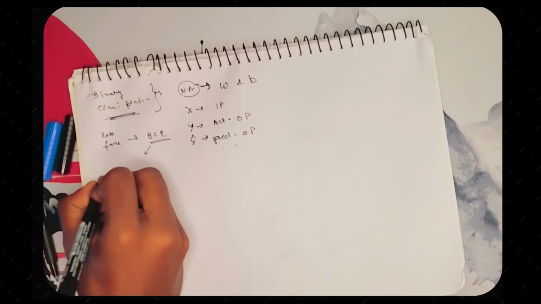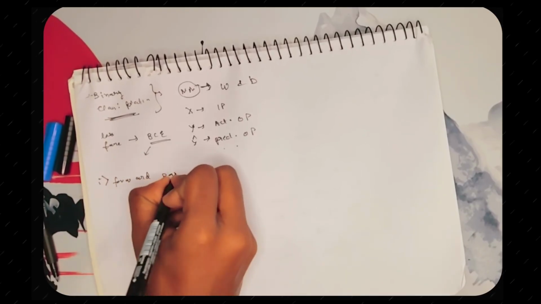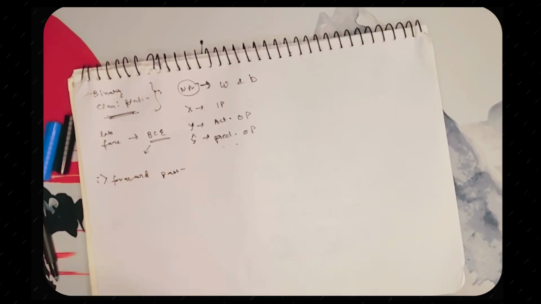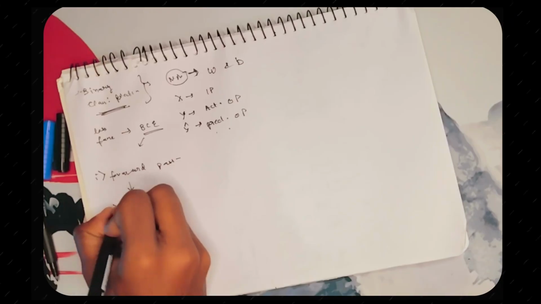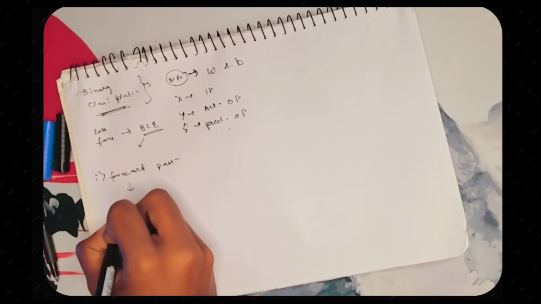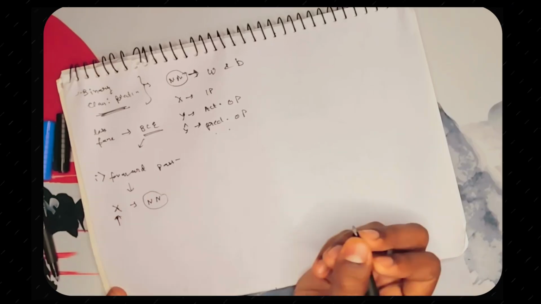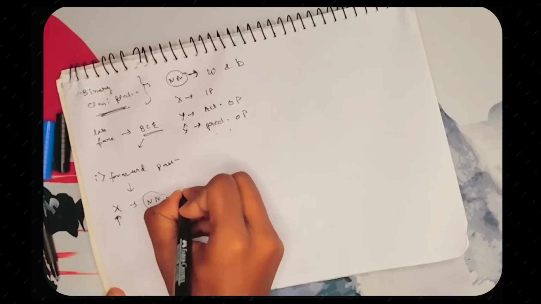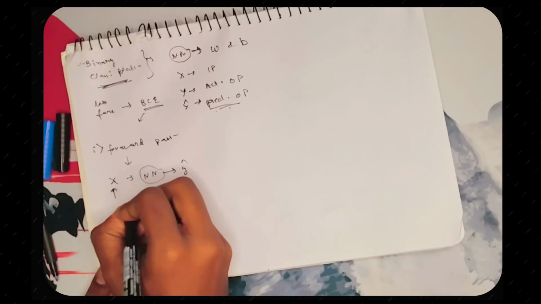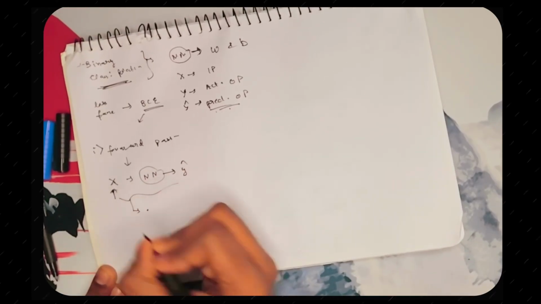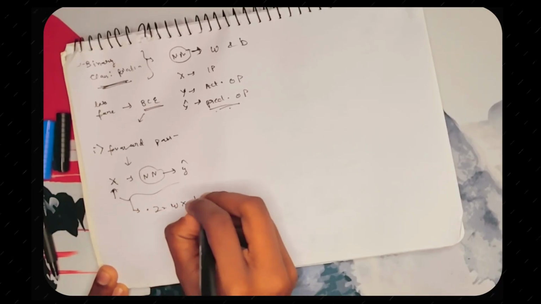At the very first, we do the forward pass. In this forward pass, two things happen. This is my x, my input. I pass it to my neural network and I get my y hat, my predicted output. First, my z is calculated, which is w times x plus b.